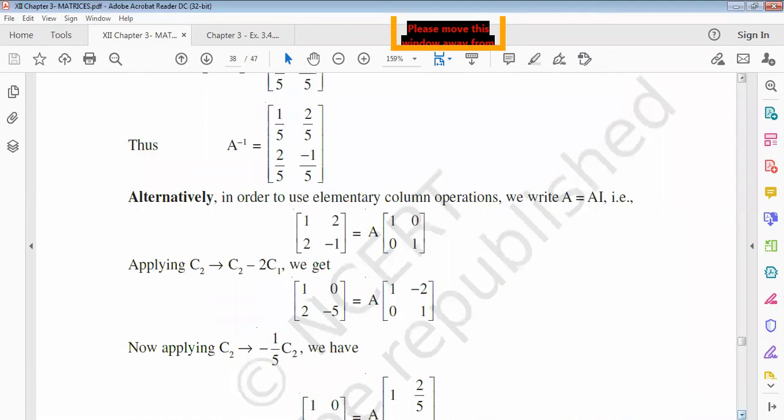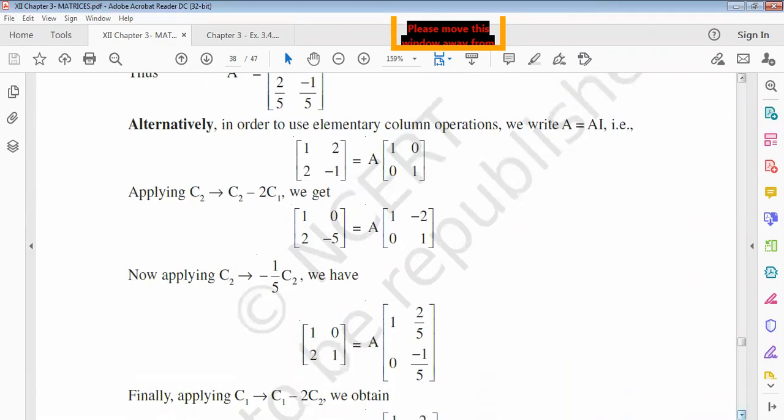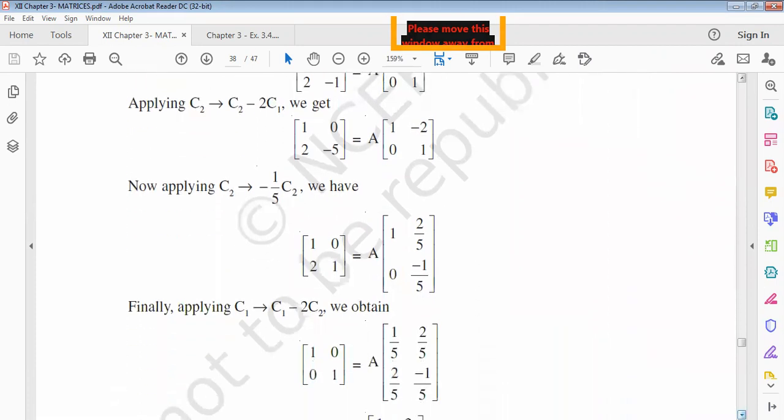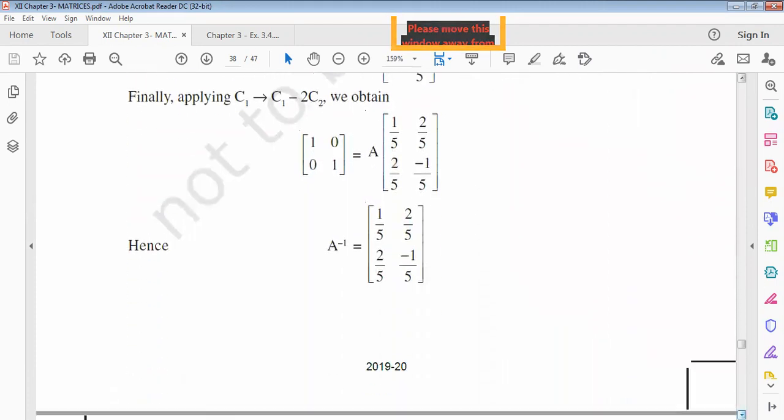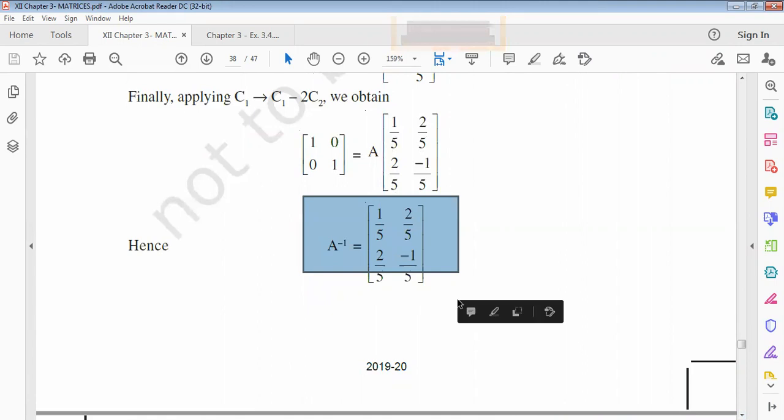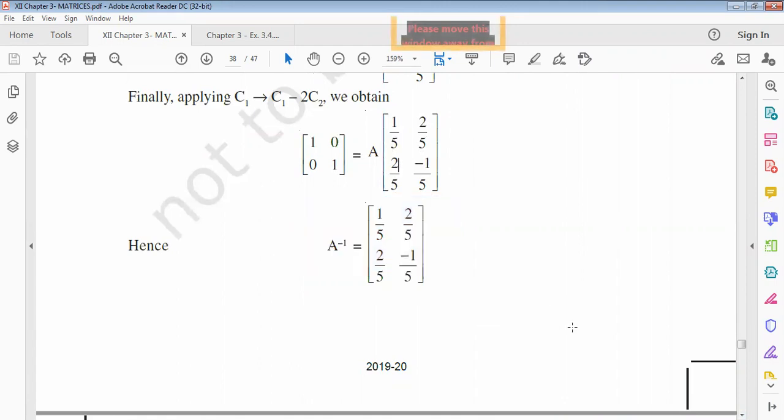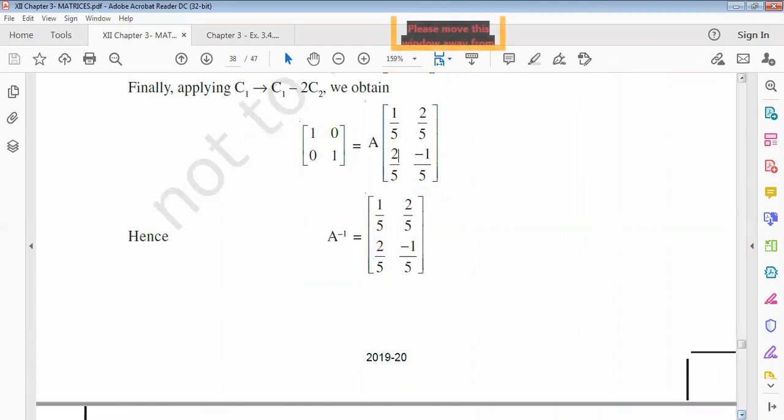The alternative method is given here, where we completely apply the column transformation and obtain the same result: A inverse equals 1 by 5, 2 by 5, 2 by 5 and minus 1 by 5 are the elements of A inverse.